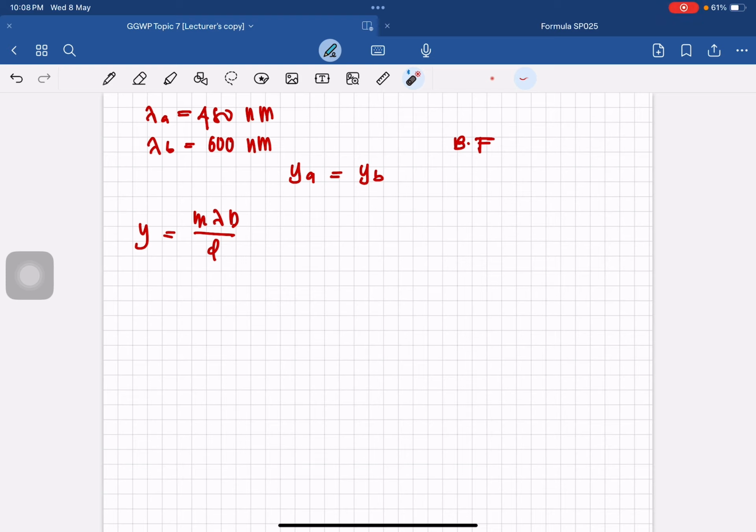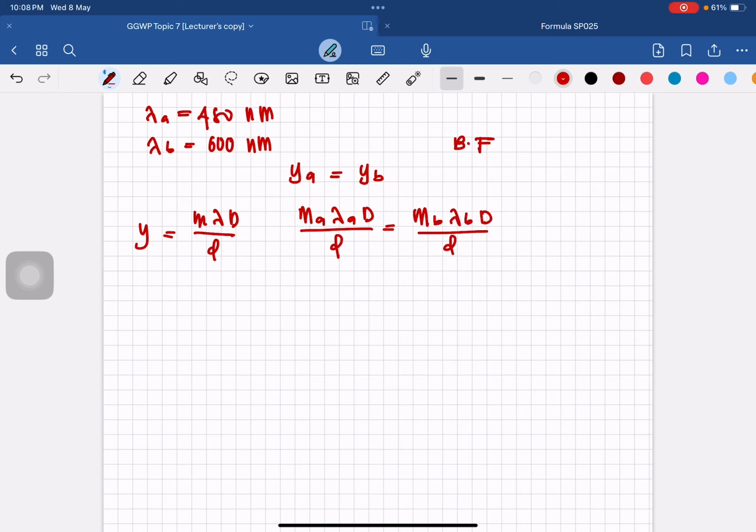Kita akan cari based on the concept of ratio. Okay, so sekarang kita tahu bila dorang overlap tu dorang akan equal. Distance dorang ni akan equal. So kita substitute lah. M untuk A, lambda untuk A, D ni akan equal lah. So dorang tidak ada perubahan. Yang ini B, D over d.